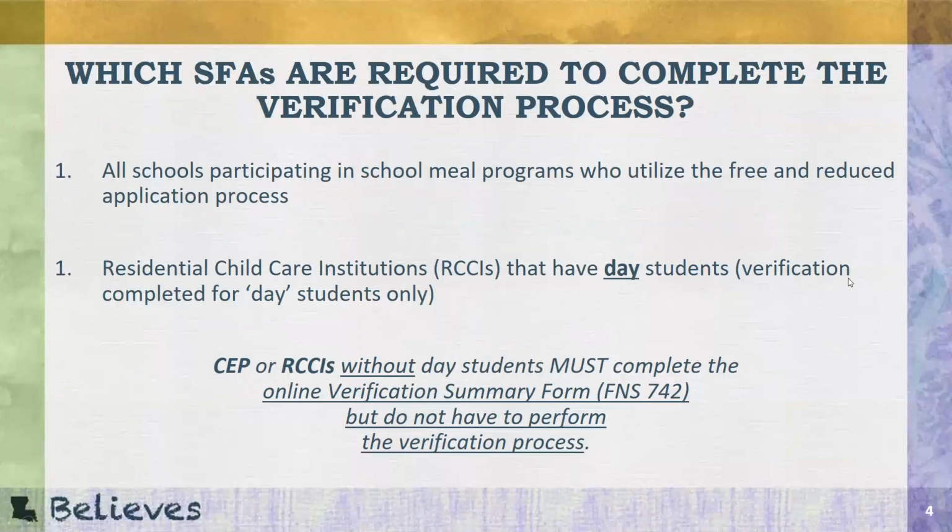The complete verification process of free and reduced price applications is required by any participating school who uses free and reduced applications and by RCCIs with day students. Partial CEP districts will have to complete the entire verification process on those schools who are not CEP. System-wide CEPs and RCCIs without day students are not required to complete verification, but are required to complete the verification form.